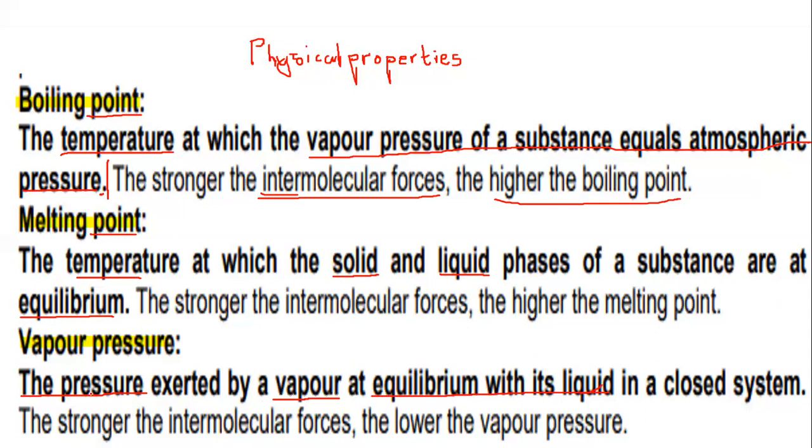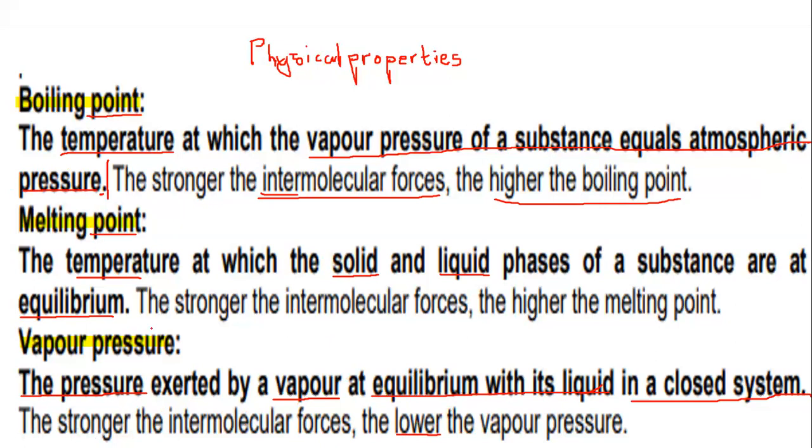And hence, the definition says it is the pressure exerted by a vapor at equilibrium with its liquid, in a closed system. And we are told again, the stronger the intermolecular forces, the lower the vapor pressure. Now, what does that tell us? It tells us that if the intermolecular forces are strong, then the vapor pressure is going to be low.